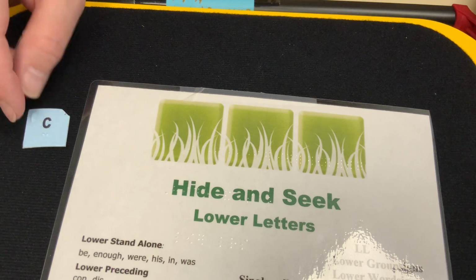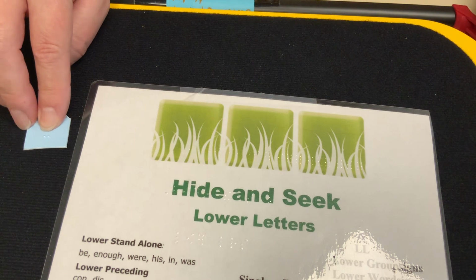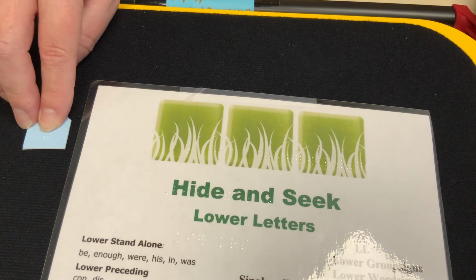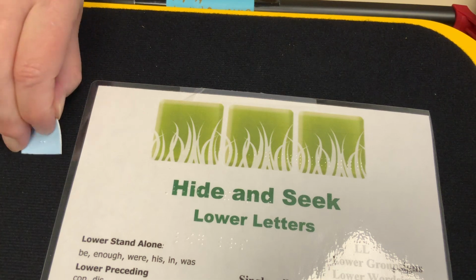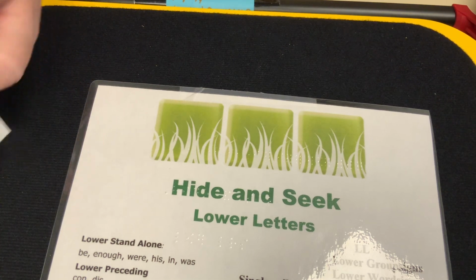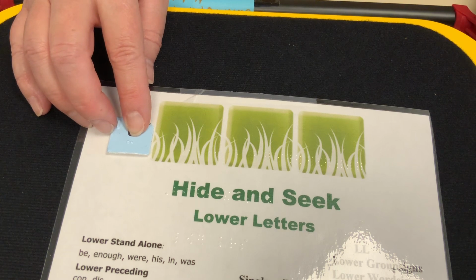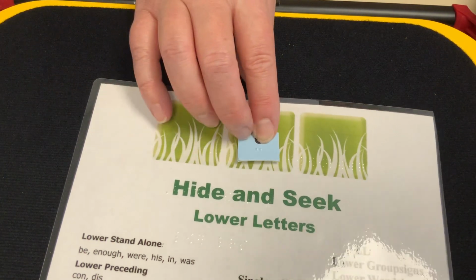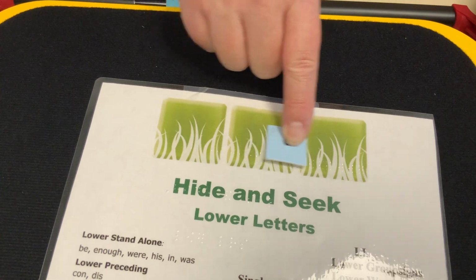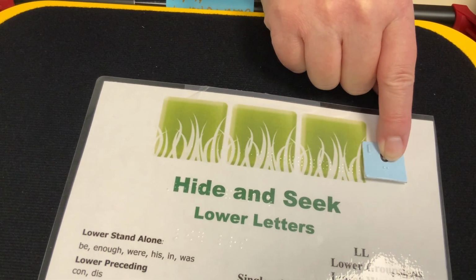C is dot, we first do 2, 5. So 2, 5 is not necessarily anything by itself. At the beginning, 2, 5 is C-O-N. In the middle, it's a double C. In the end, it's a colon.